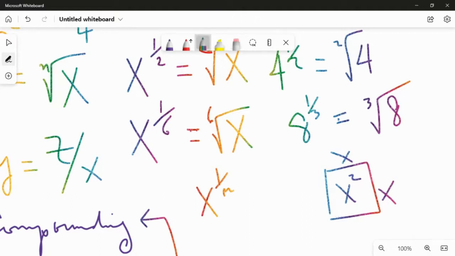So if you have 2 feet by 2 feet, that would be 4 square feet.